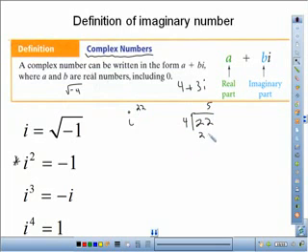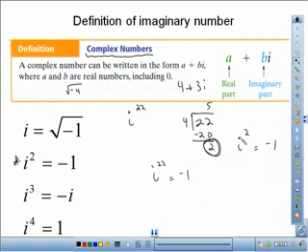We'll get 20, subtract, and we'll end up with 2. This is what's important, the remainder. Because what this means is we're going to have i squared since the remainder was 2, and we know i squared is equal to -1. So i to the 22nd is going to be equal to -1.